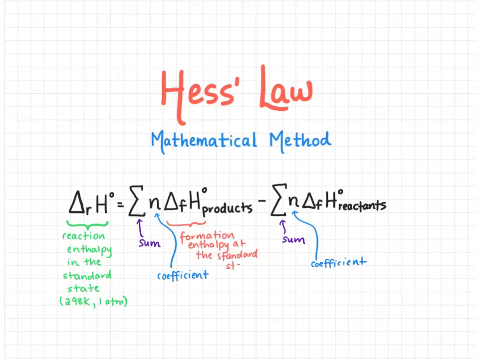These will most likely be found on pages 4 and 5 in your Chem 30 data booklet. So with this formula, we're able to take the total enthalpy of our products and subtract the total enthalpy of our reactants to get the change in enthalpy during the reaction.